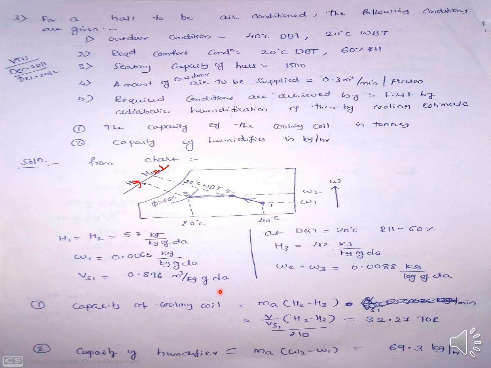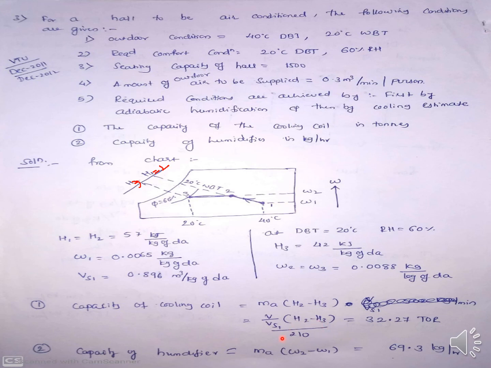So now mass of air, as I said, is V by VS1. V we calculate as 0.3 meter cube per minute into 1500 persons. VS1 is here. H1 is here, and for H2 you have to take H3 here. Substitute, and divide by 210 to get tons of refrigeration.